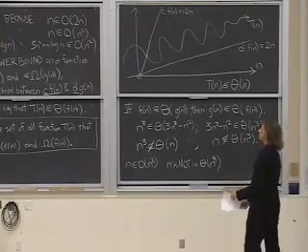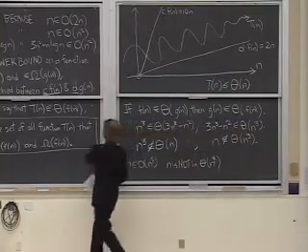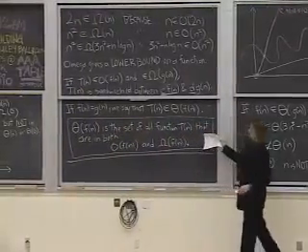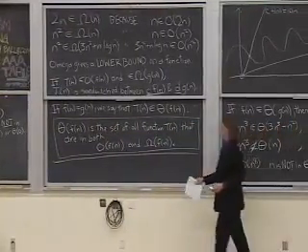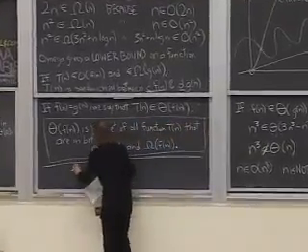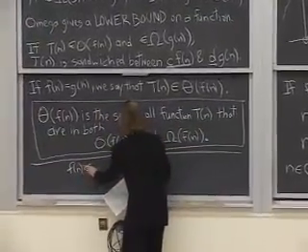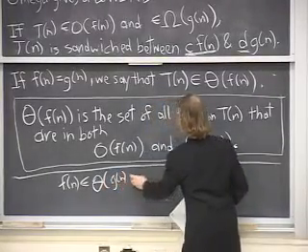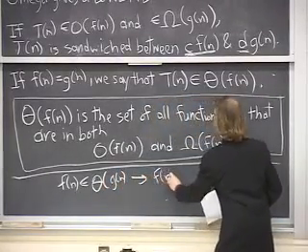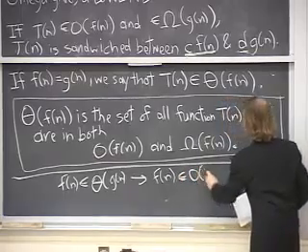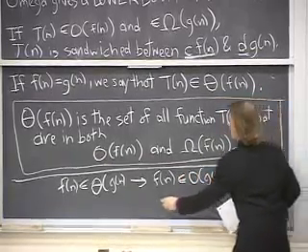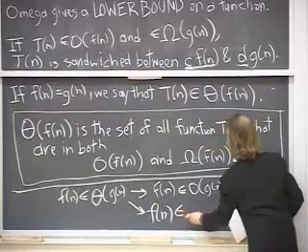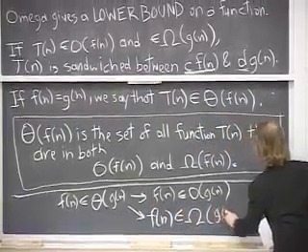Oh, yeah. Well, you can definitely derive big omega and big O from theta because of this statement. So if some function f of n is in big theta of some other function g of n, then that immediately implies both that f of n is in big O of g of n, and that f of n is in big omega of g of n.